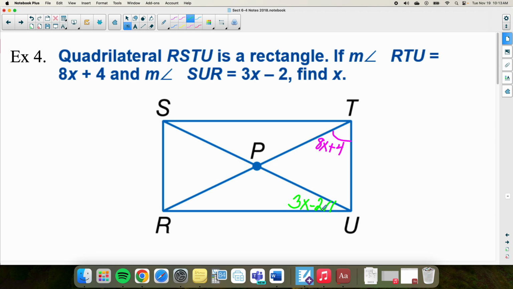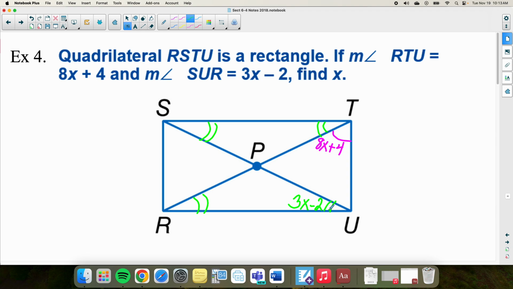Isn't the SUR the same as like STR, which would equal 90? Yes. So you just add them up to equal 90? Yes. This angle is equal to all of these angles. Okay? This angle is equal to all of these.